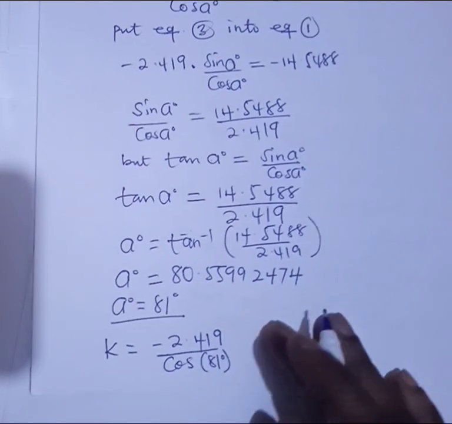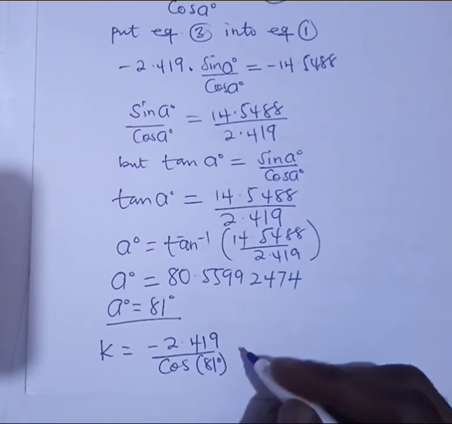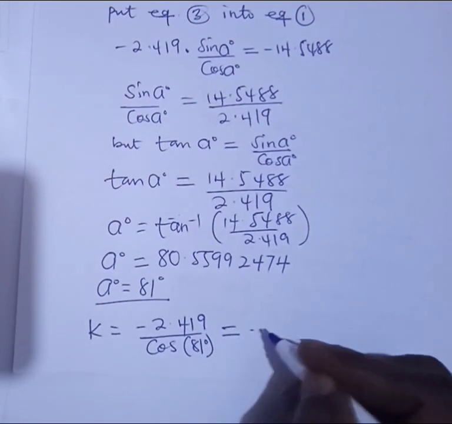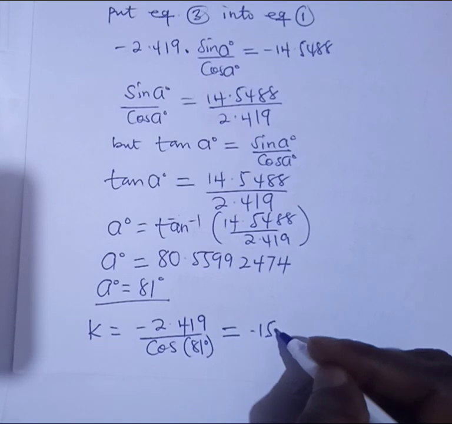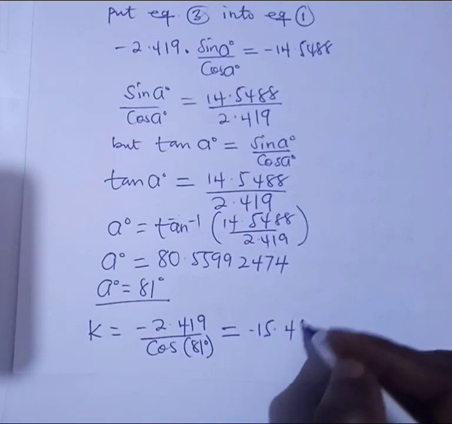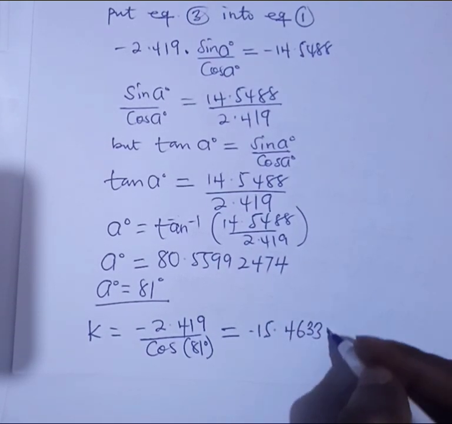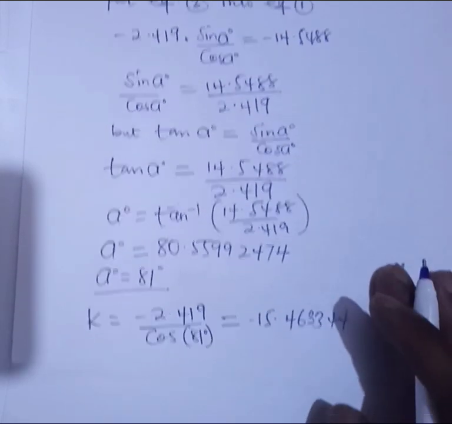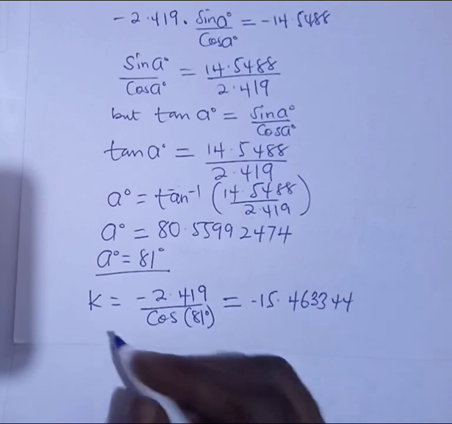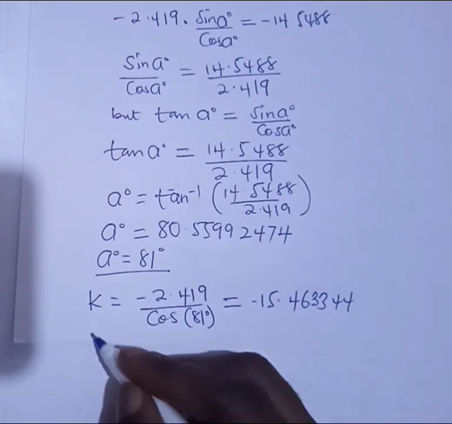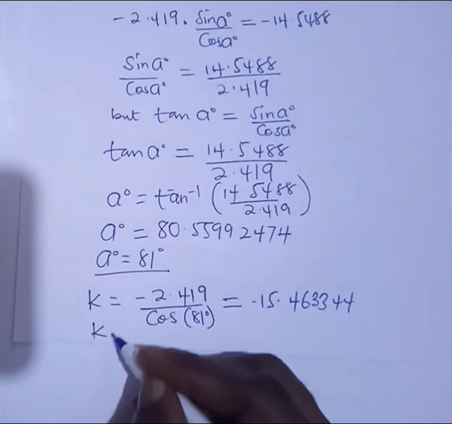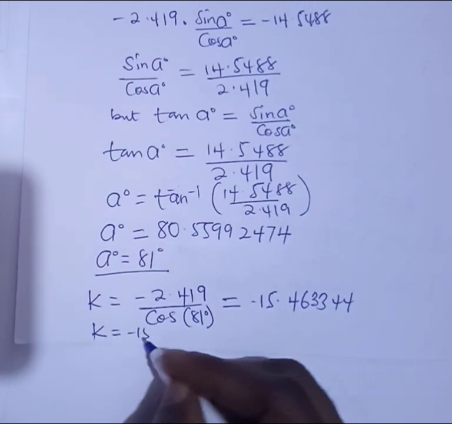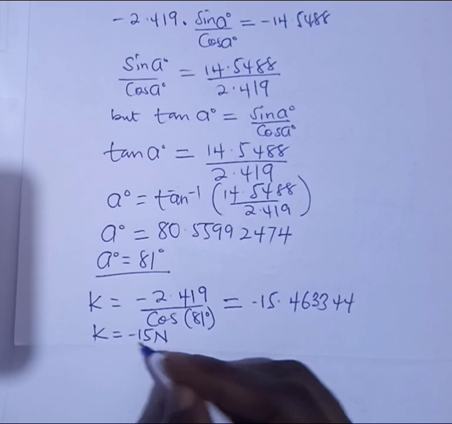Good. If you use your calculator, then we are getting negative 15.46334, and this one also says we should leave our answer to the nearest whole number. Therefore our K becomes negative 15 Newton.